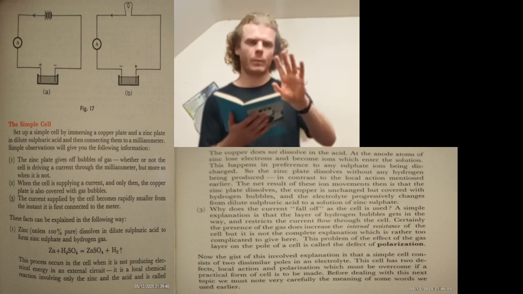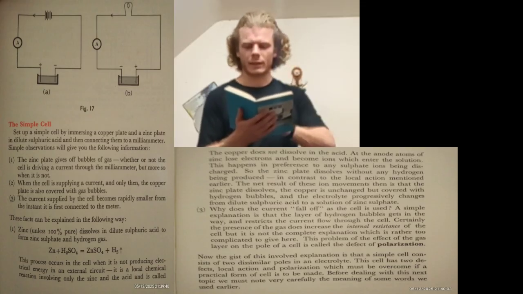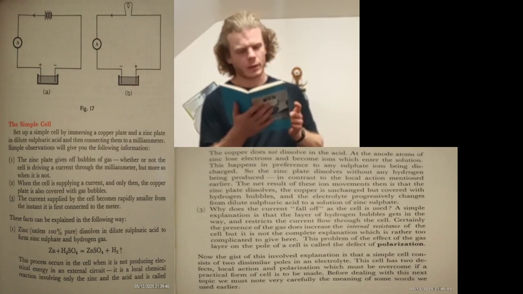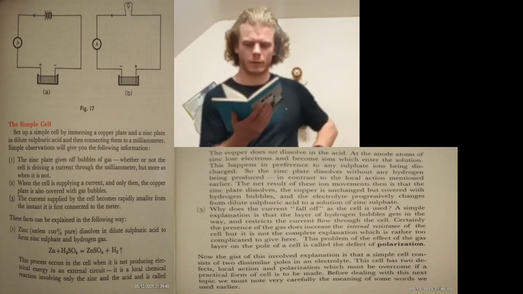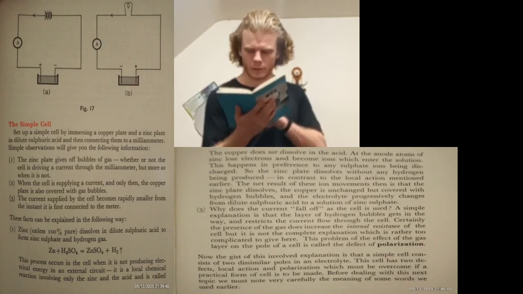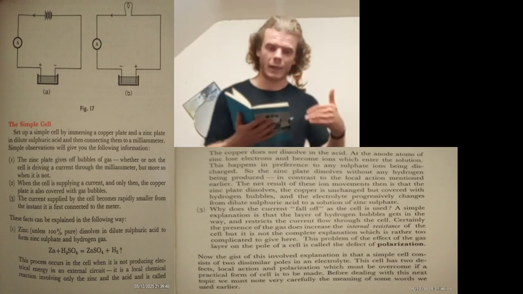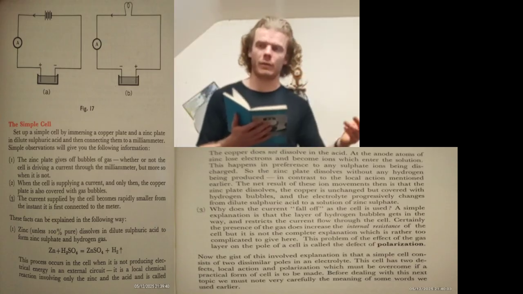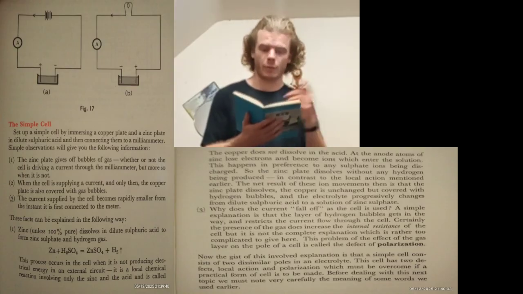The zinc gives off bubbles all the time because it is dissolving in the sulfuric acid, I think. It gives off less if the electric current is flowing. The copper plate gives off nothing, but if current is flowing, then it gives off bubbles.